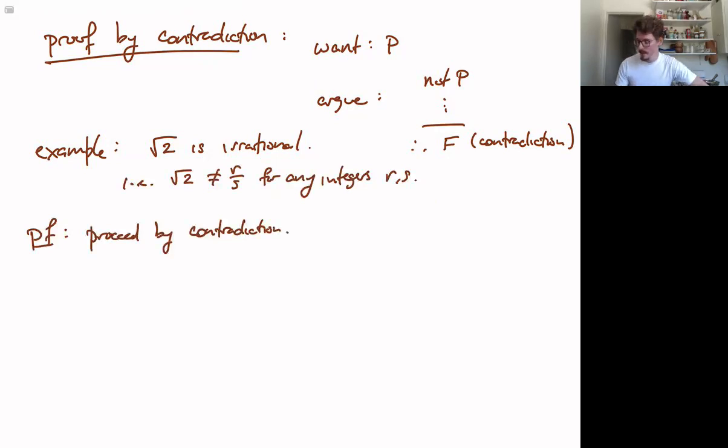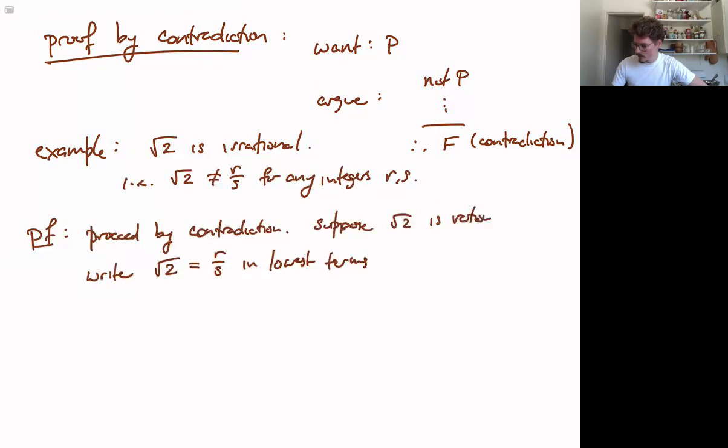So what we say is, suppose that it is rational. Square root of 2 equals r over s in lowest terms. So we're supposing root 2 is rational, then we can write it this way.